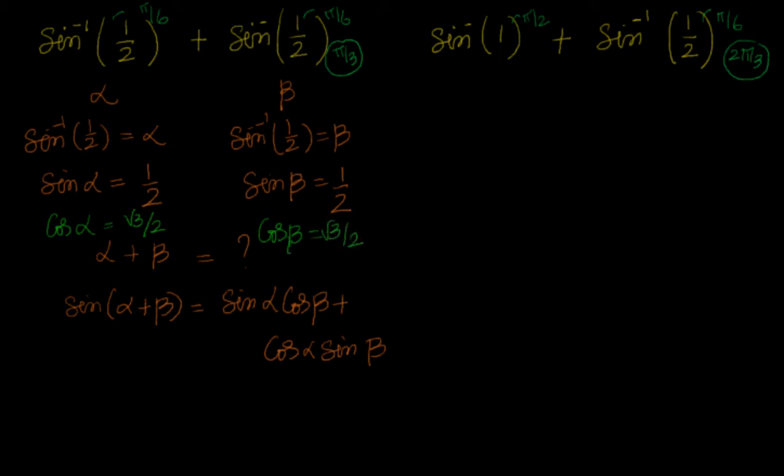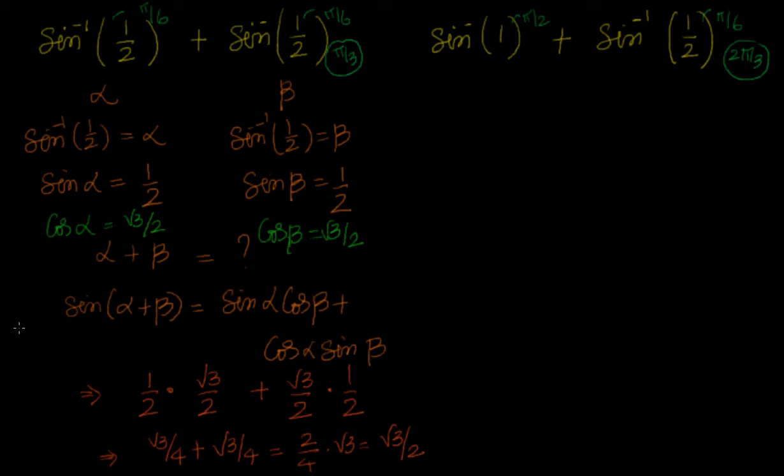Now sine of alpha plus beta equals sine alpha, that is 1 by 2, into cos beta, that is root 3 by 2, plus cos alpha, that is root 3 by 2, into sine beta, 1 by 2. If you add these two, it becomes root 3 by 4 plus root 3 by 4, that is 2 by 4 into root 3, that is root 3 by 2. So sine of alpha plus beta equals root 3 by 2.